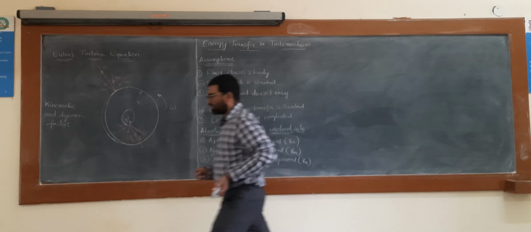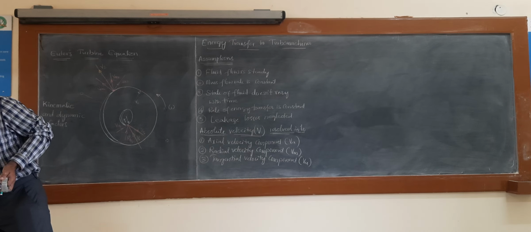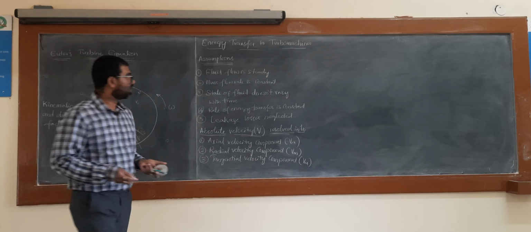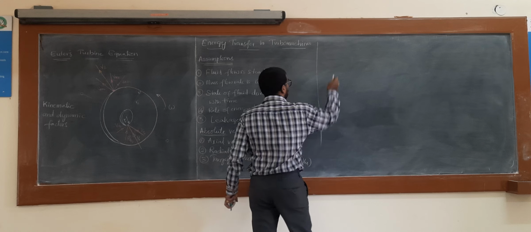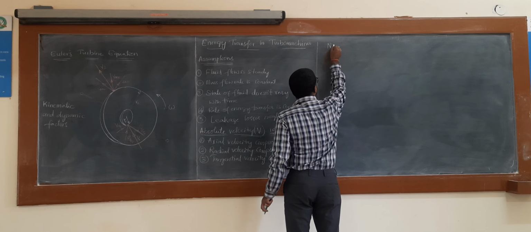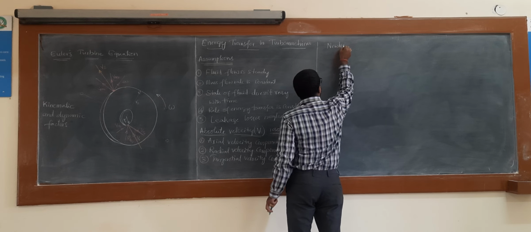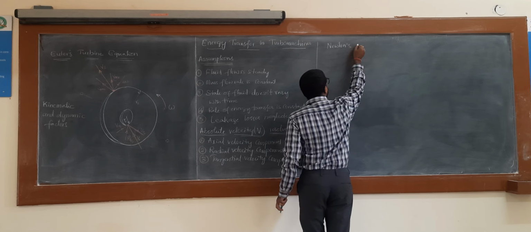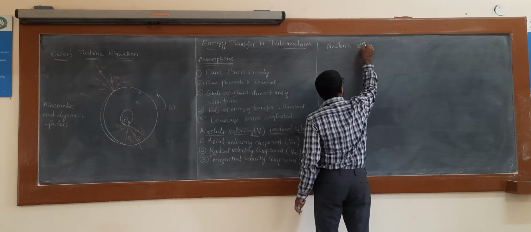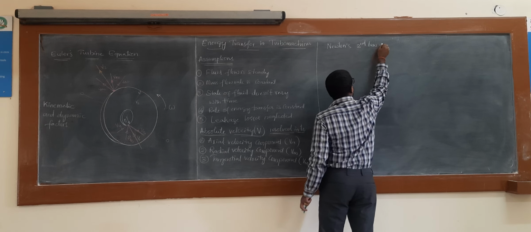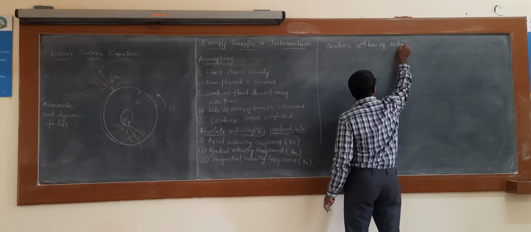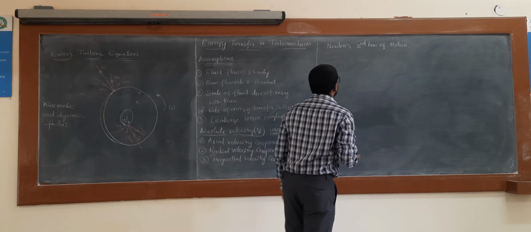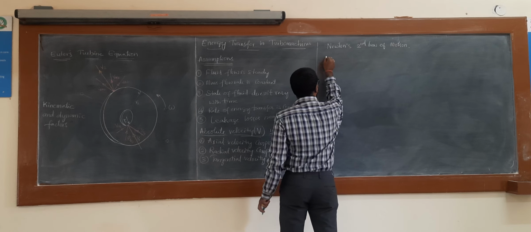The Euler's turbine equation is derived based on Newton's second law of motion. So what is Newton's second law of motion?